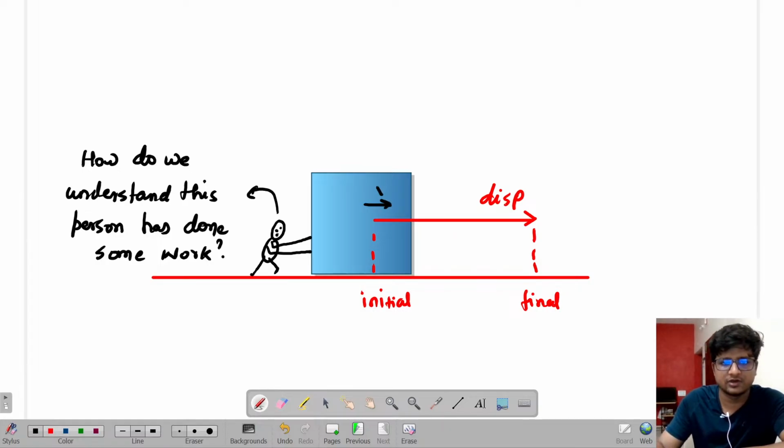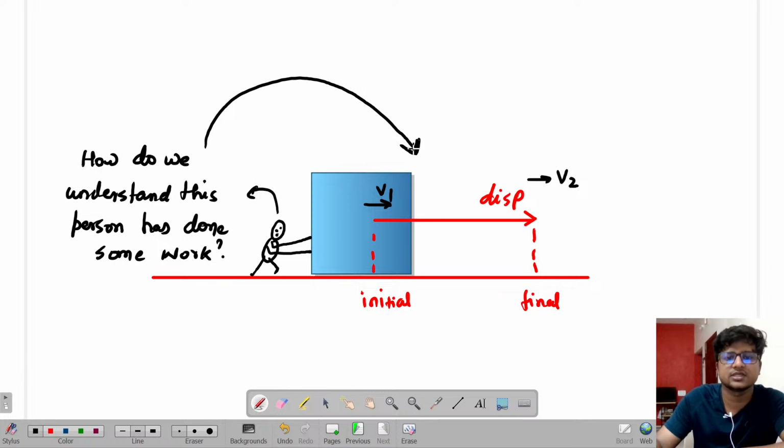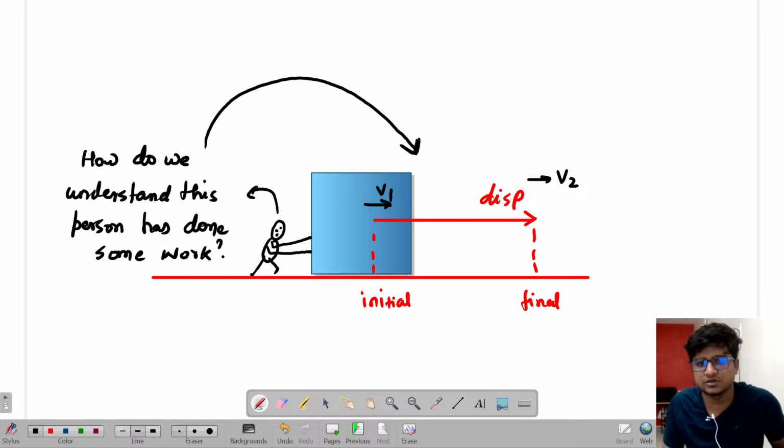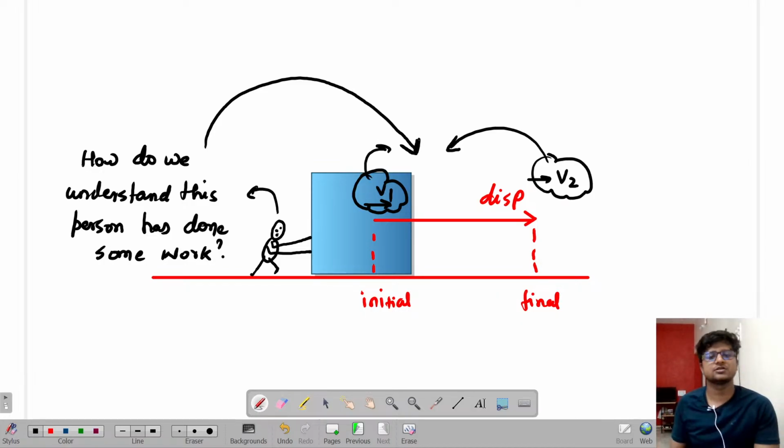Here I have a velocity v1, here I have a velocity v2. Means if any person does any kind of work on a body, it's going to change the state of motion of the body. It's going to bring one velocity and then another velocity. Means it's changing the kinetic energy of the body or not? Say yes or no?